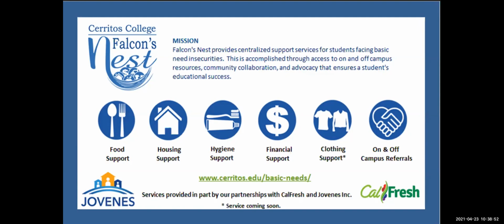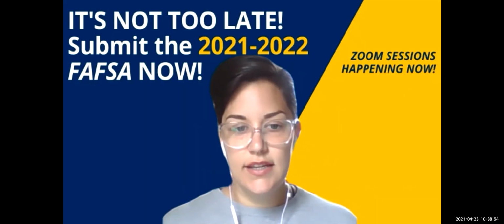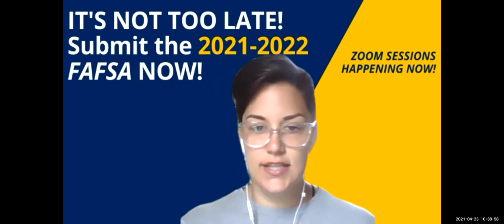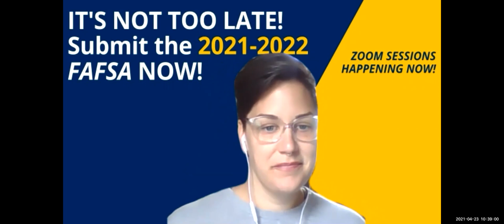All righty. So I can go ahead and open it up to questions, if there are any. There was one student that messaged me who was confused about units. So I just want to clarify that units are very similar to high school credits, right? Each course is worth a certain amount. In college, we use units.